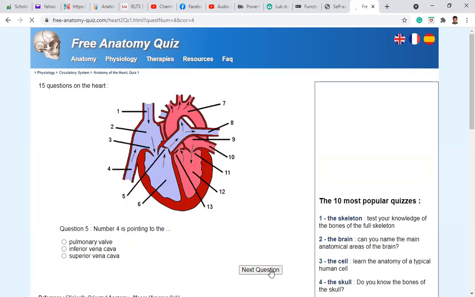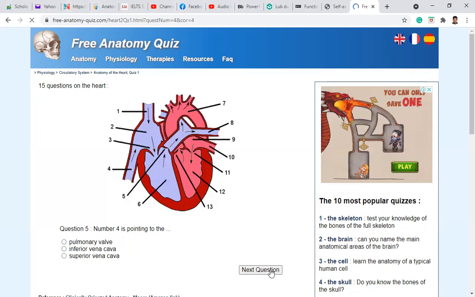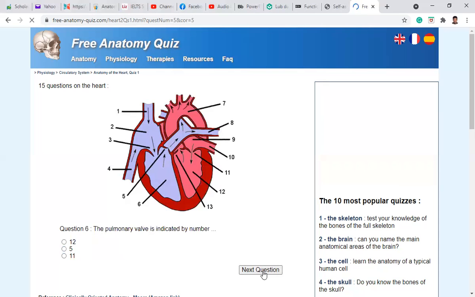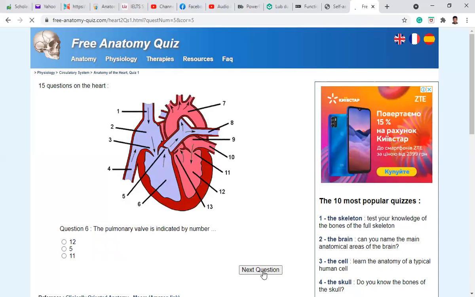Number 4 is pointing to inferior vena cava. The pulmonary valve is indicated by 5. Okay.